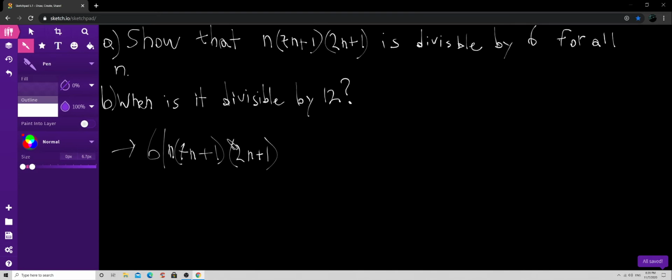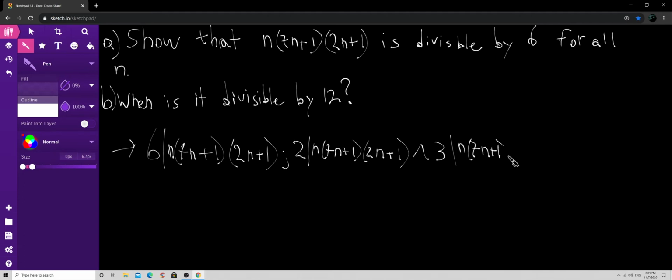This also means that all the divisors of 6 also divide this expression. Therefore 2 divides our expression n times (7n plus 1) times (2n plus 1), and 3 divides our expression, and of course 1 divides our expression.